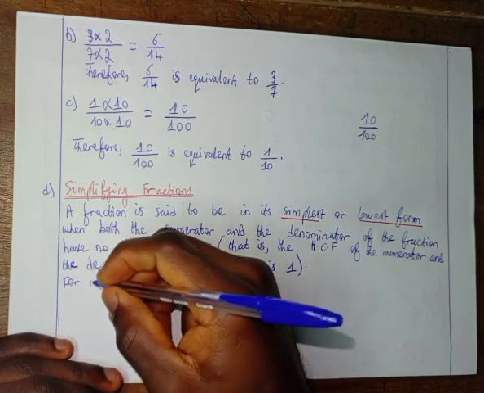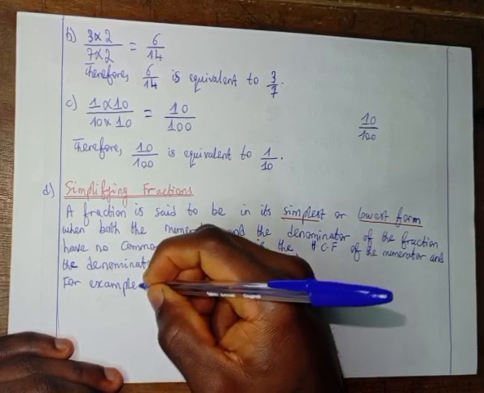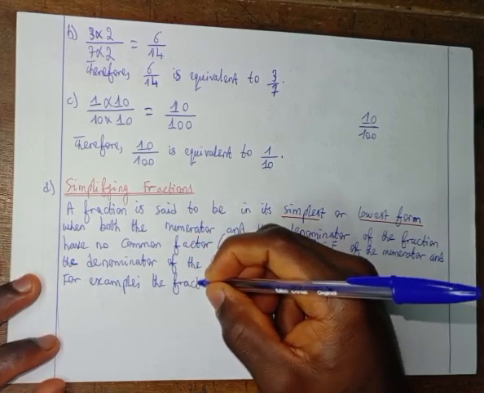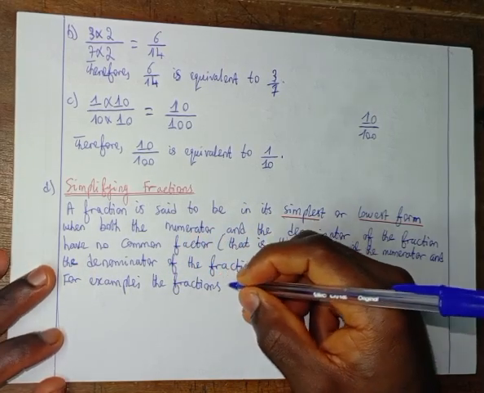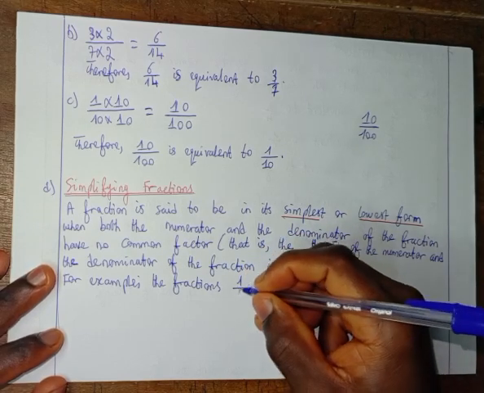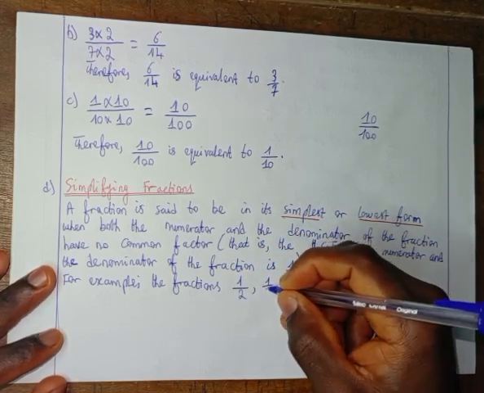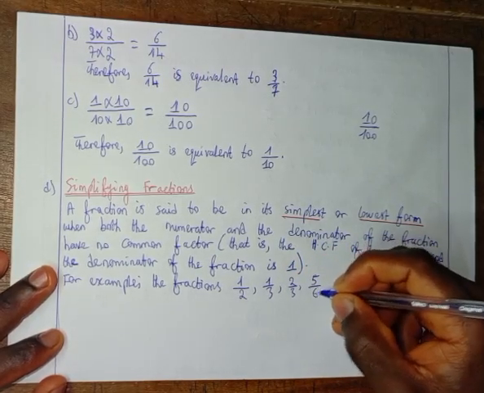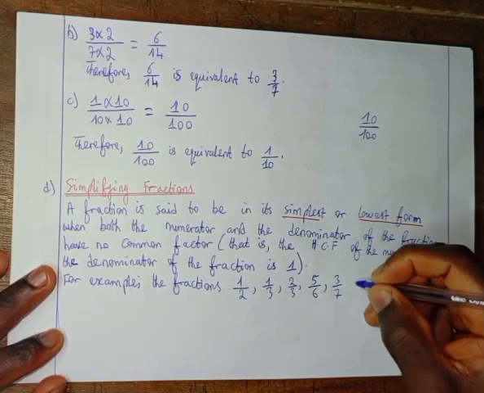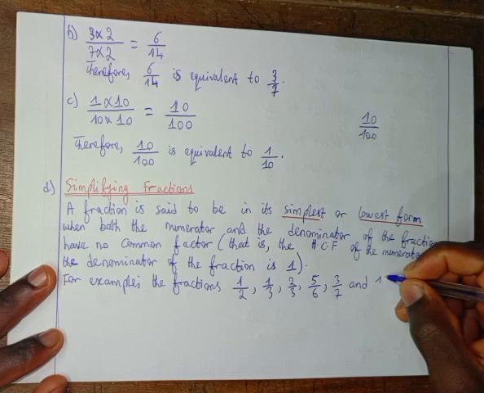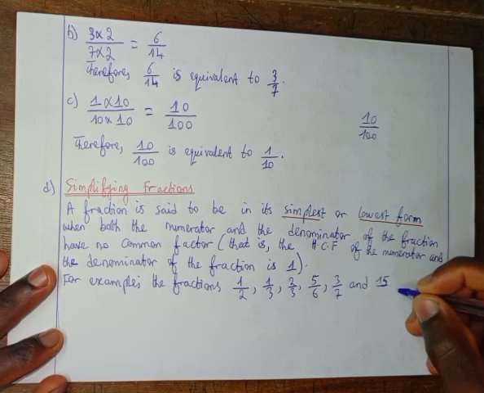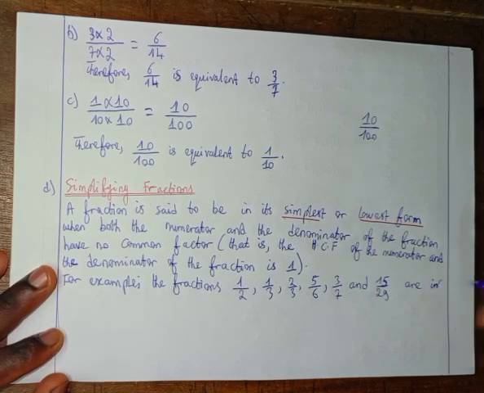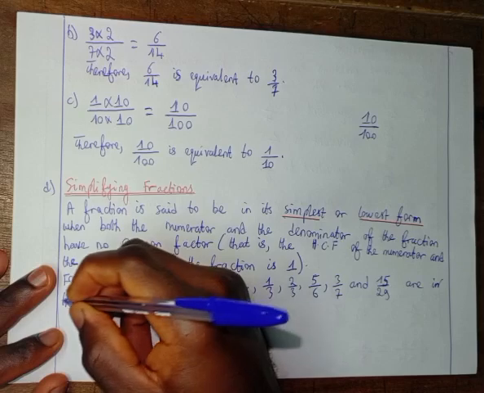For example, the fractions 1 over 2, 1 over 3, 2 over 3, 5 over 6, 3 over 7, and 15 over 29 are in their simplest forms.